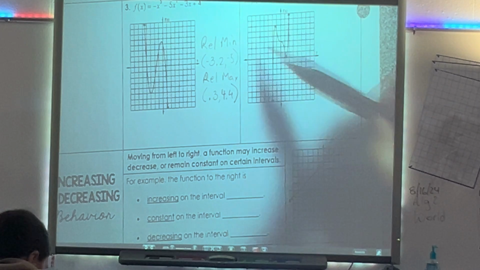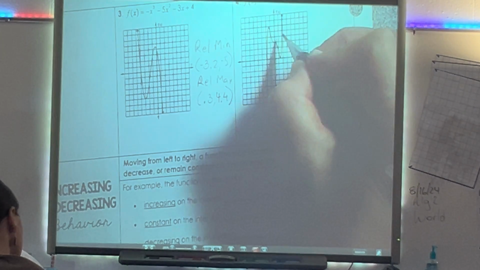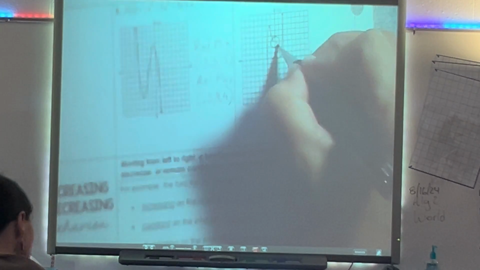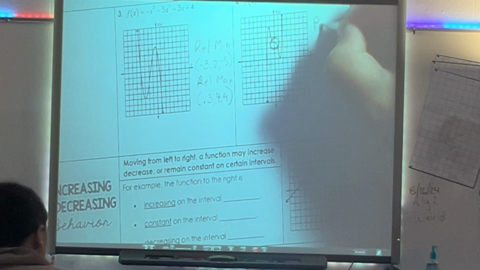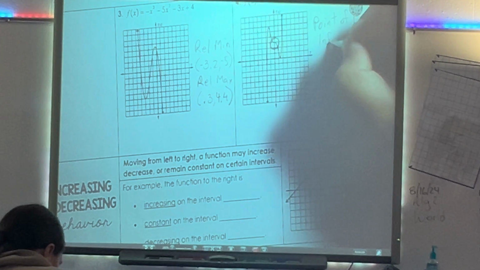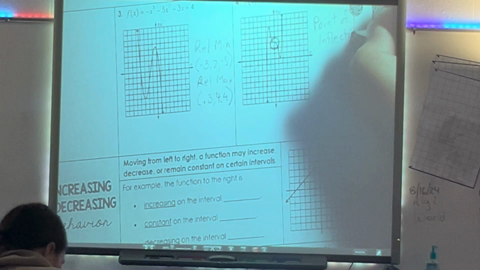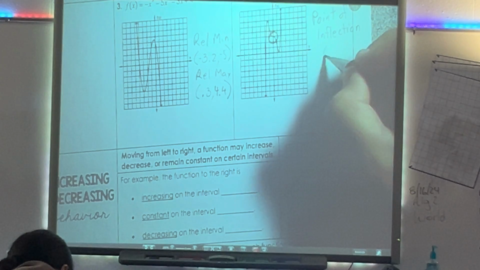Okay, so on this one, we're not gonna sit here and find all these. I do wanna talk about this location right here. That guy is actually what we call a point of inflection. It's also a critical point. It looks like it's at 0.3 roughly.